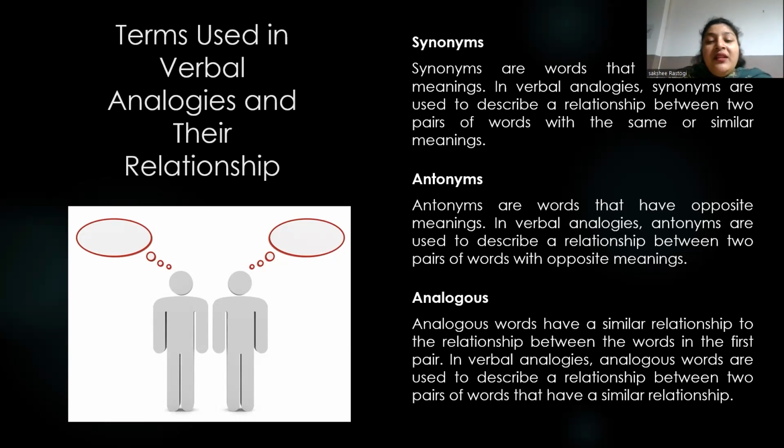So what do you mean by antonyms? Antonyms are words that have opposite meanings and contrast with each other, highlighting their differences. For example, hot, cold; light, dark; happy, sad; fast, slow; big, small.